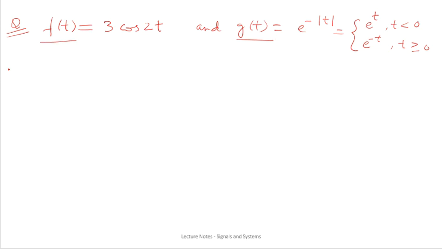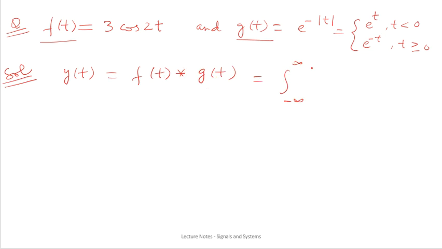Just by the definition which we have developed for convolution, y(t), which is the convolution of f(t) and g(t), will be represented in this way. It is the integral of f(tau) g(t minus tau) d tau.